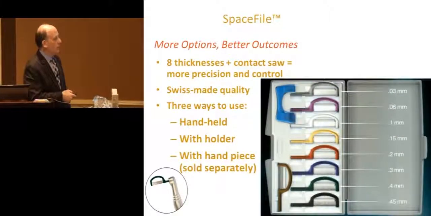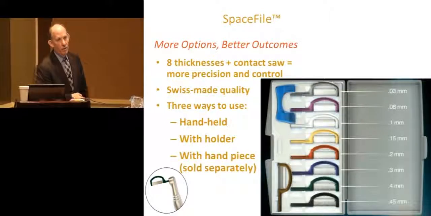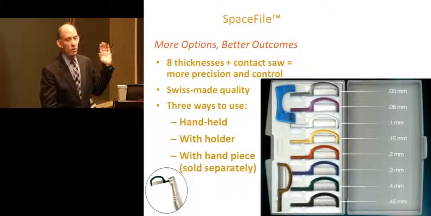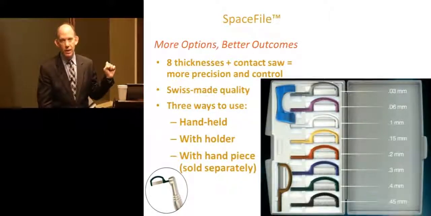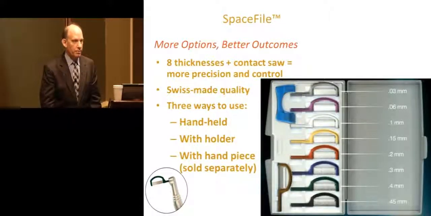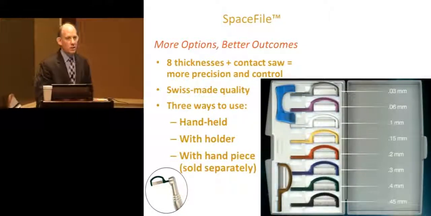How do you get started? You start with that really small file, that 03 file, the gray one. What I like to do, I have multiple little blue rubber grips, and I just have my staff put them at the chair, literally already in the grip, so I spend the least amount of time.